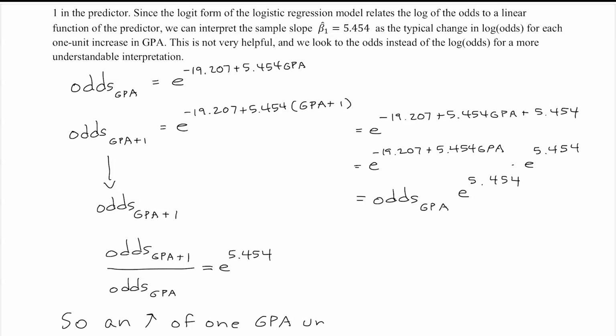So an increase of 1 GPA unit can be described in terms of the odds ratio.